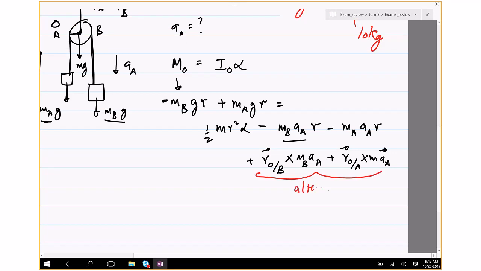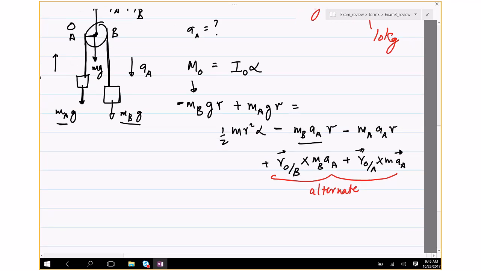But what that equation is basically telling you is that it's a vector from O to B, for example. So O to B is a vector which goes this way, right? And MBA is this way. So when you take the cross product, it's going to be MB times MBA times R. It's going to be in that direction, so it's going to be negative.